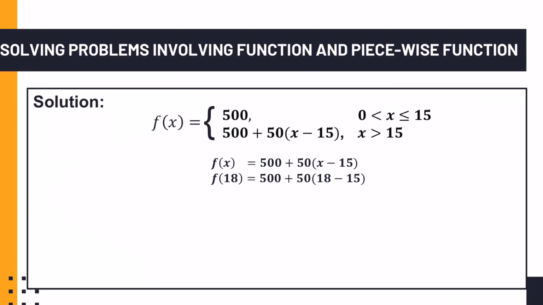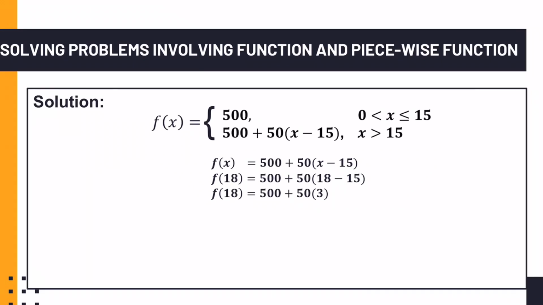Next thing to do, simplify first the term inside the parentheses. That would be f of 18 is equal to 500 plus 50 times the quantity of 18 minus 15, that is equal to 3. Therefore, f of 18 is equal to 500 plus 50 multiplied by 3.